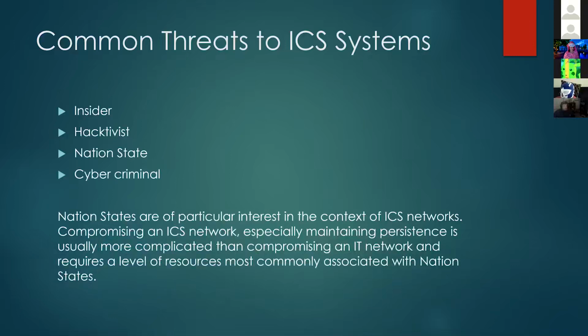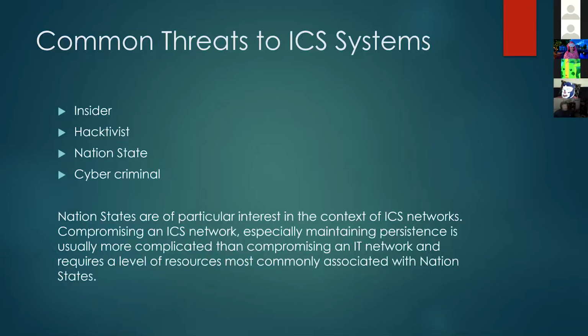And of those, the nation states are probably the most concerning, because they have the resources to really throw at the problem. Compromising industrial control system networks is not as easy as compromising an IT network in general.